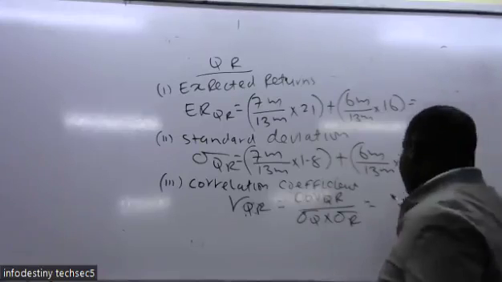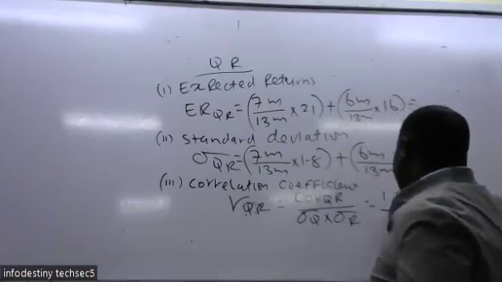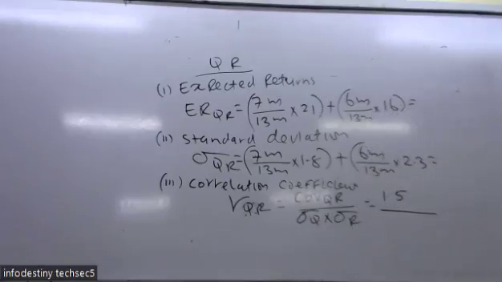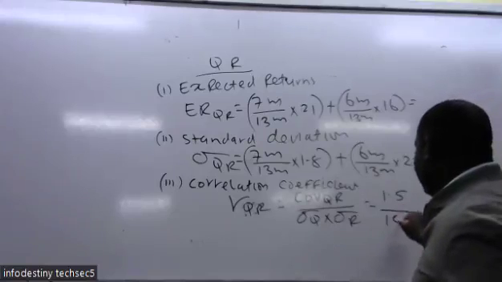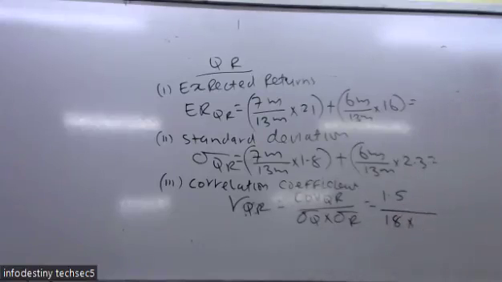So you take 1.5 and divide by the standard deviation for Q, 1.8, and the standard deviation for R, 2.3.